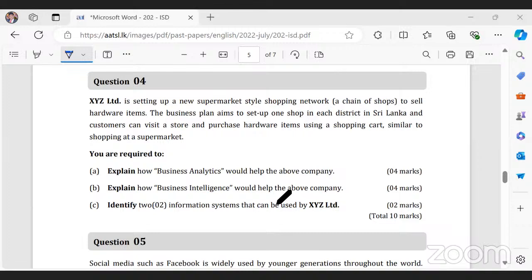Understanding the buying behavior of customers is one benefit they can obtain with data analytics.